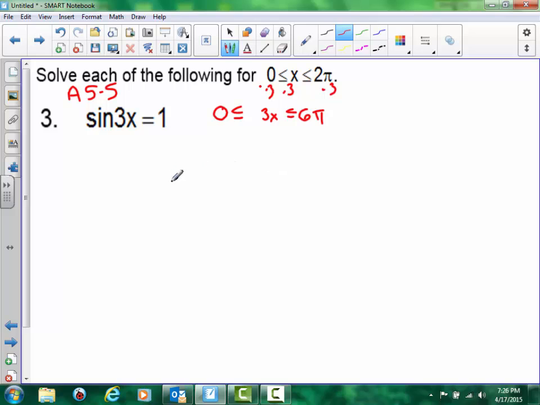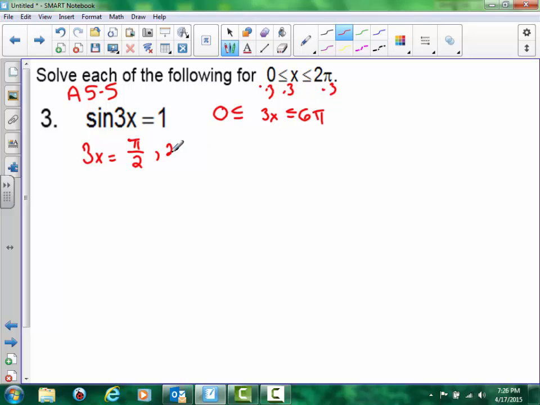I'm looking at that, and I know that sine of theta is 1 on the unit circle at pi over 2. And then we're going to go around the circle 2 more times.